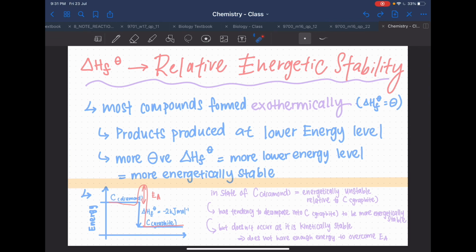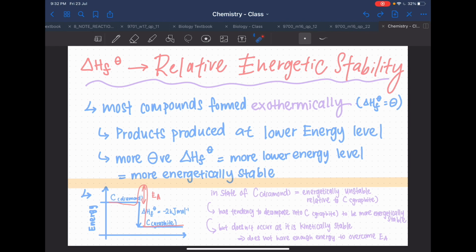So the product is therefore produced at a lower energy level, which means a lower part of the energy profile, and therefore it is energetically stable relative to the reactants. So when there is a more negative enthalpy change of formation value, that would mean a lower energy level, and that means it is more energetically stable than the reactants, because the lower it is at an energy level, the harder it is for it to lose more energy to be at an even lower energy level. So therefore it is very energetically stable.